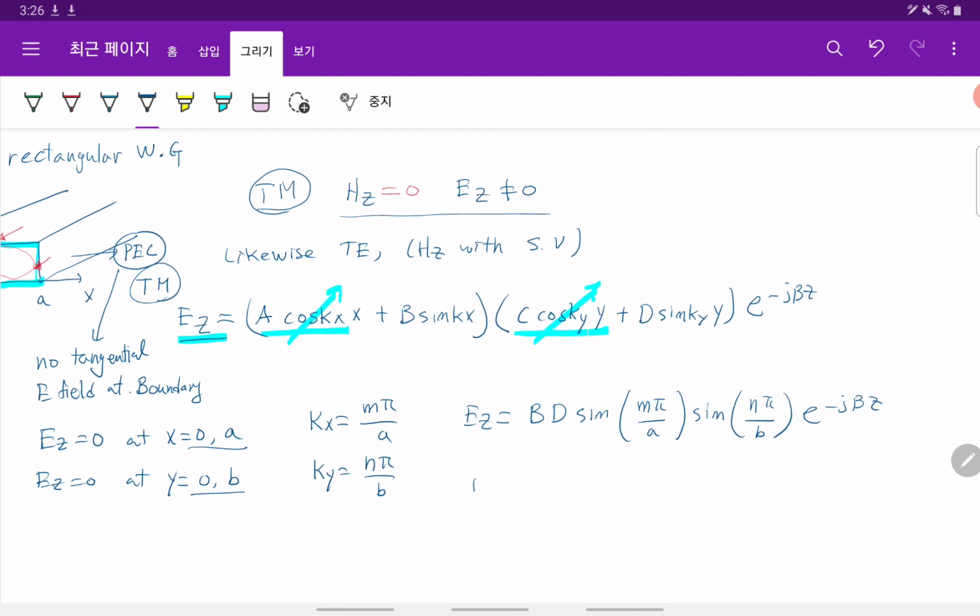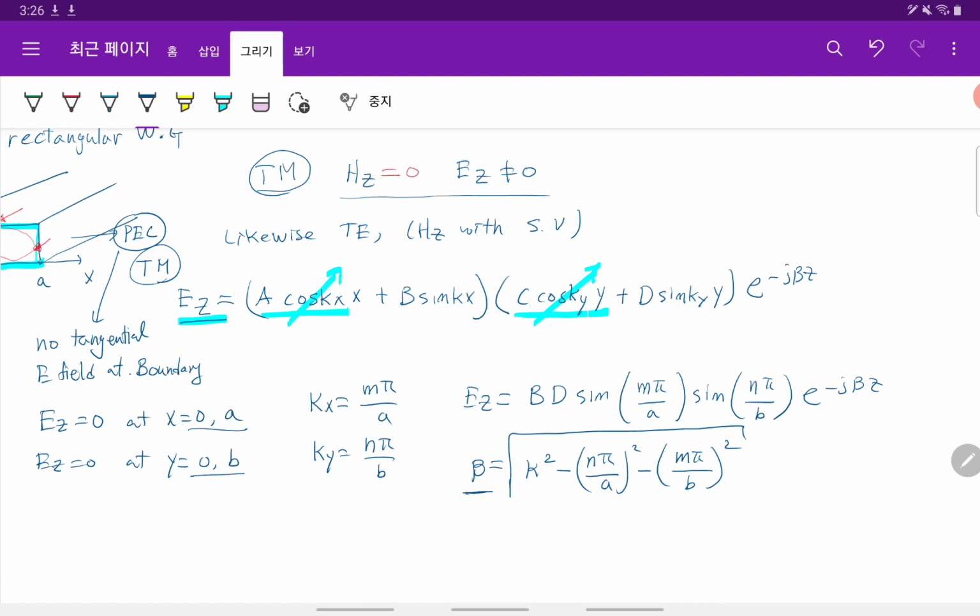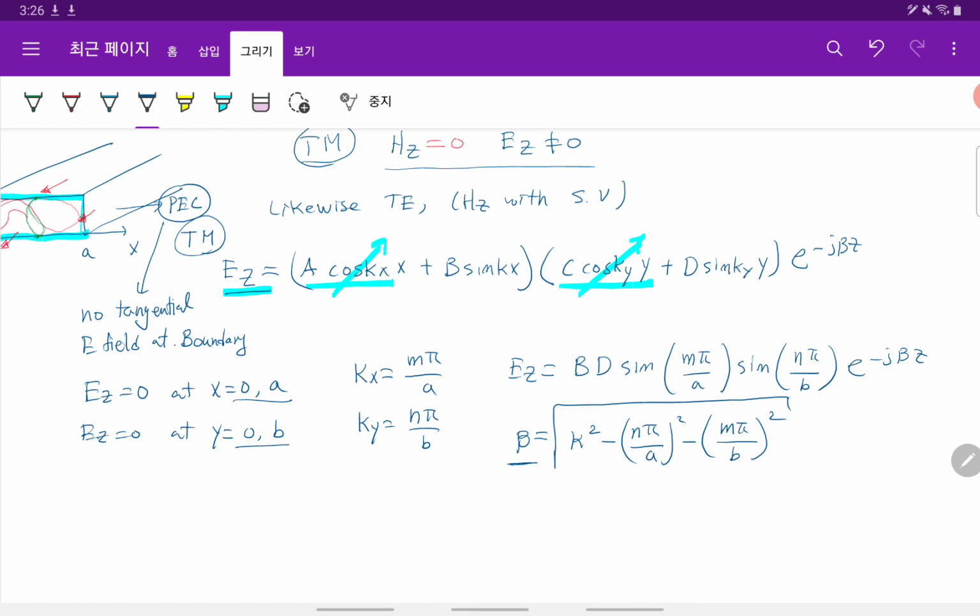So beta, as you know, is the square root of k squared minus (mπ/a) squared minus (nπ/b) squared. This is the wave number for the propagation along z. So what is the difference?